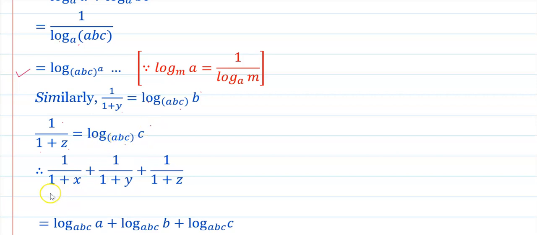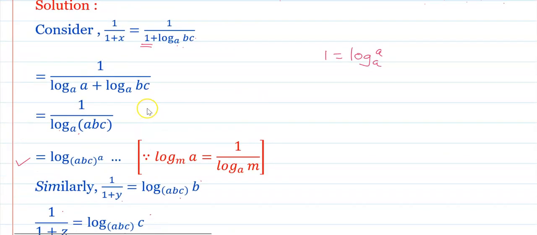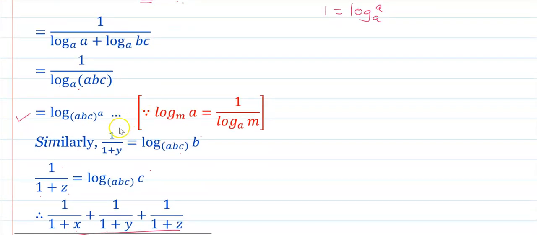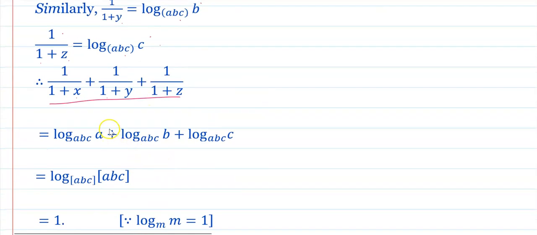If we add all these, 1 upon 1 plus x plus 1 upon 1 plus y plus 1 upon 1 plus z means the addition of all these three: the first, second and third. That is log of A to the base ABC plus log of B to the base ABC plus log of C to the base ABC.